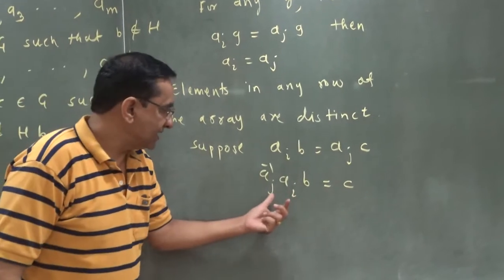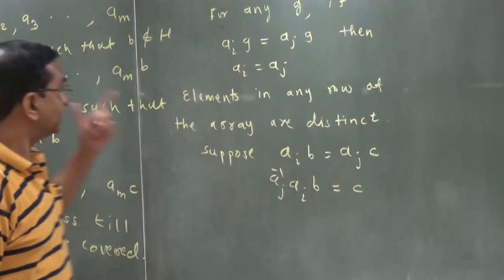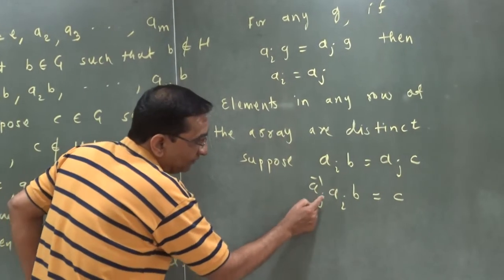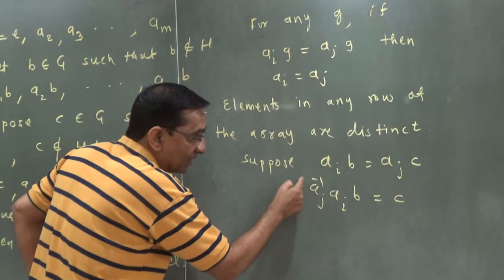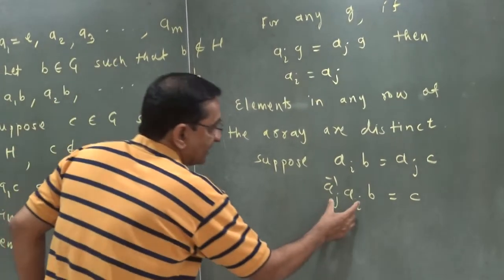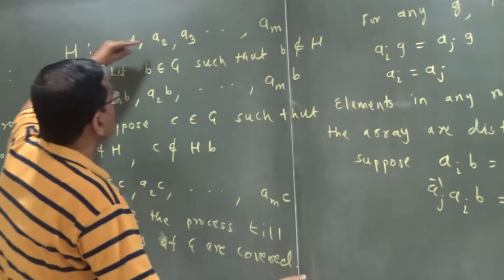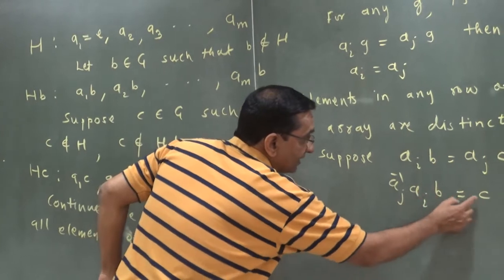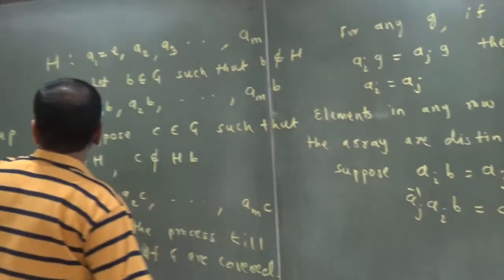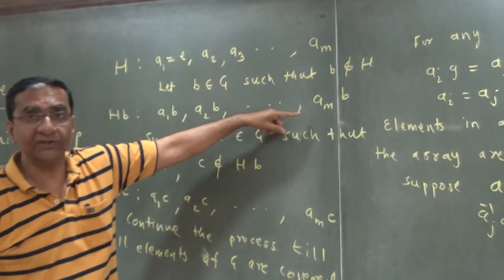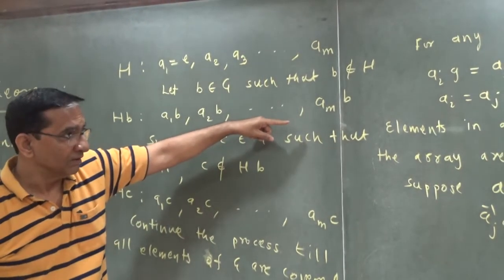Now AI, AJ are elements of H, and H is a subgroup. So this AJ inverse AI is also some element in H. Okay. So some element in H is of the type AK. So this AK times B is C. So C has already appeared in this previous row, earlier row. But that is not true.